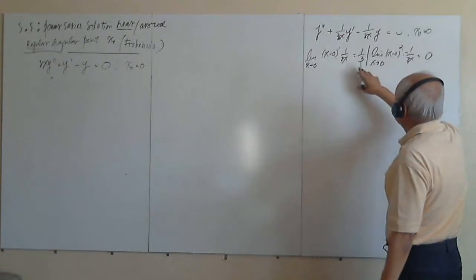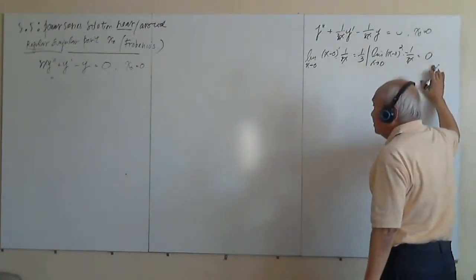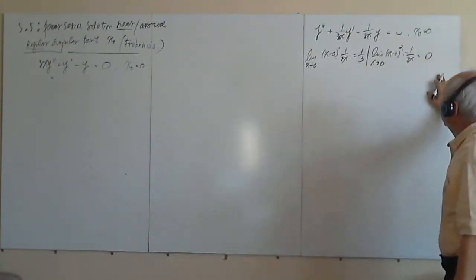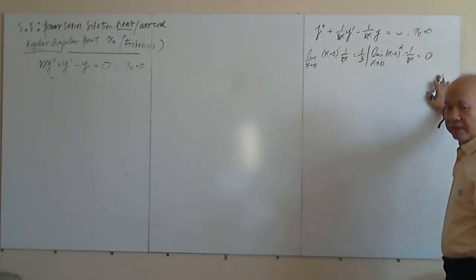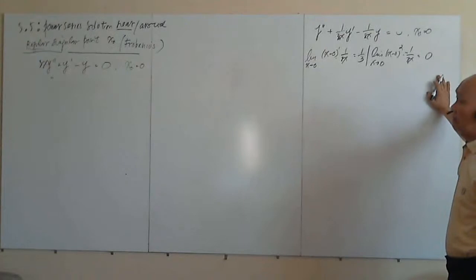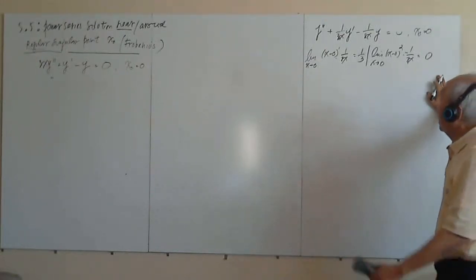Am I correct? So this one is finite, and this one is finite, meaning that x equal to 0 is considered a regular singular point. To be sure, it is a singular point, but it is a regular one. So it falls within the method of Frobenius to solve it, right?